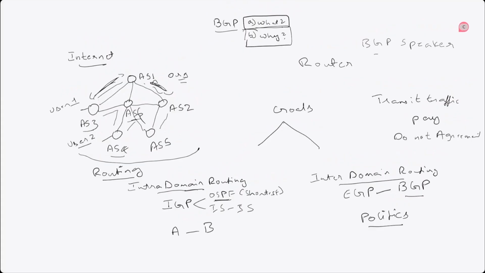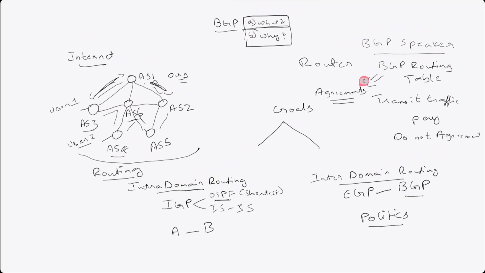And the BGP speaker is going to route the packets based on the BGP routing table, and the BGP routing table of an AS is a reflection of policies, governance, or agreements that exist between ASs, right?